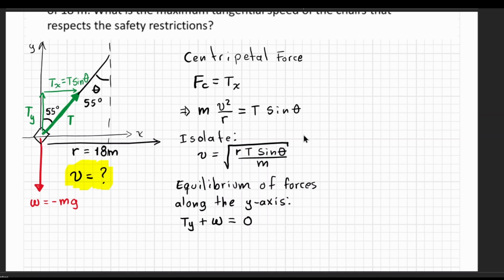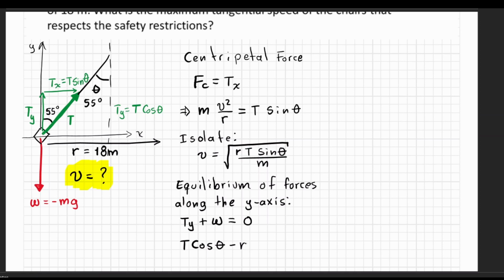Equilibrium condition. The y component of the tension along the y-axis, we can see in the diagram, must be the adjacent side with respect to the angle of 55 degrees. So the y component of the tension is total tension cosine of the angle. So we substitute here tension cosine of the angle.